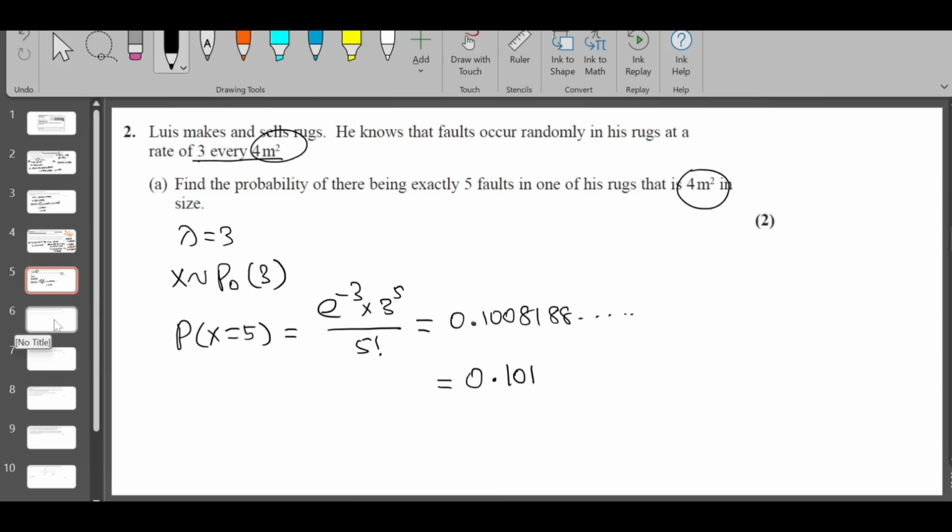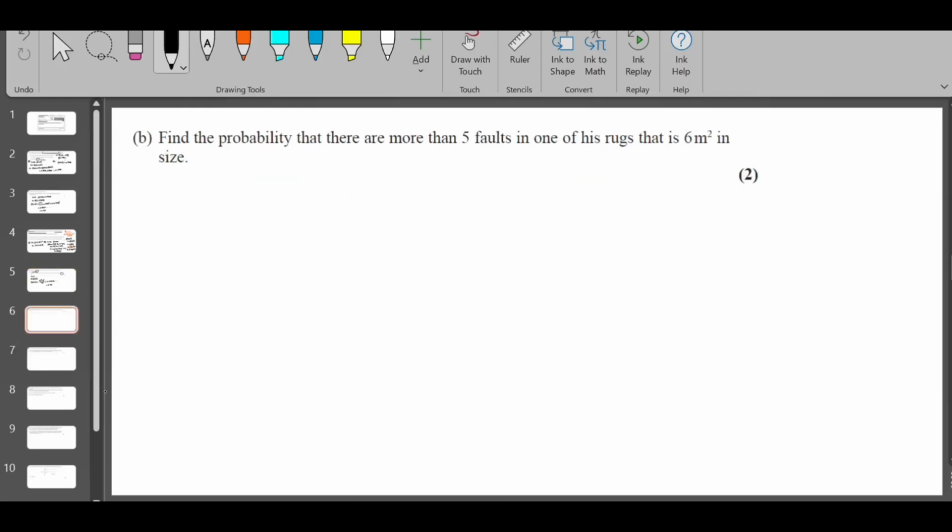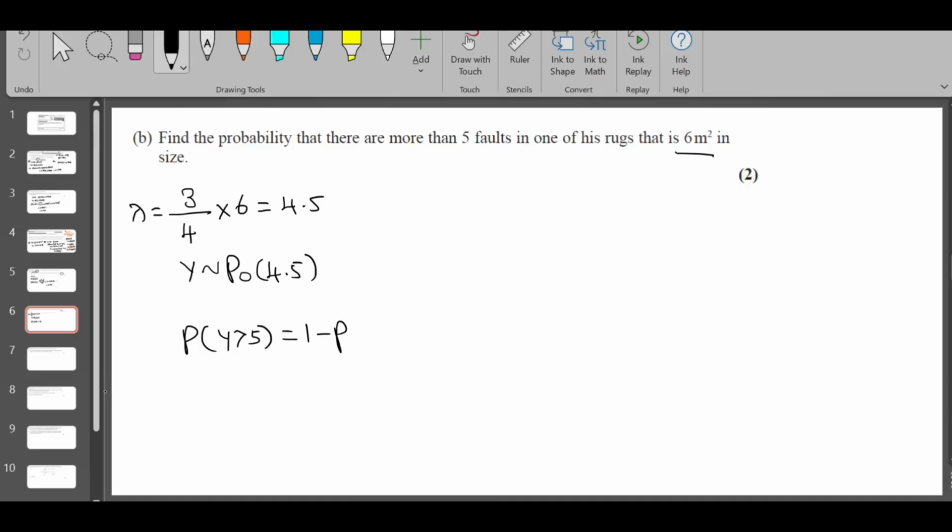Let's move on to part B now. Find the probability that there are more than 5 flaws in one of his rugs that is 6 meter square. We know 3 flaws in a 4 meter square rug, so for 6 meter square, that's going to be 18 over 4, 9 over 2, which is 4.5. That's the new lambda. So you can write Y follows Poisson distribution of 4.5, and they want us to find more than 5, which is 1 minus less than or equal to 5.